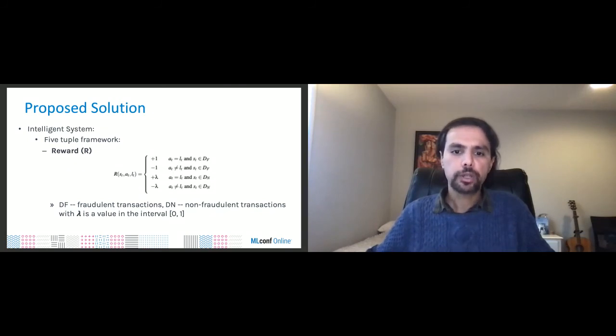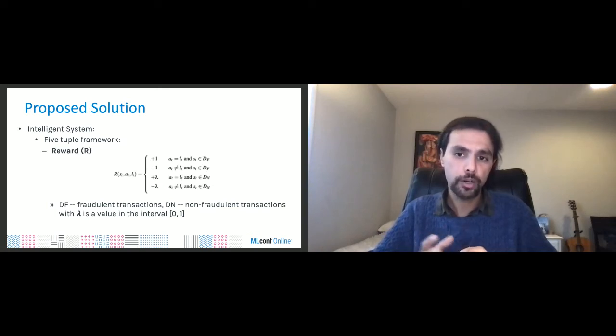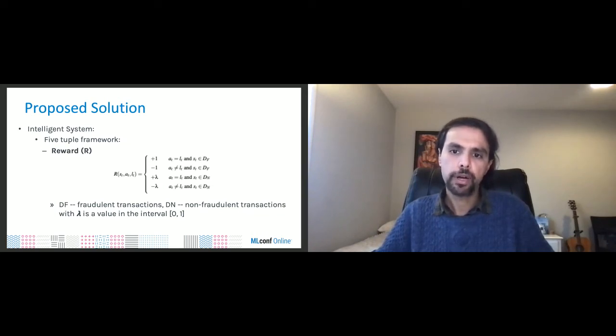To quickly emphasize the reward, like I mentioned earlier, it is important for us to decline fraud transactions of high dollar value with more accuracy. And then we try to balance this using a second level learning, which reduces the decline on good users. But as you will see in this formulation, the reward is +1 or -1 if there is an accurate or inaccurate classification of the fraudulent transaction.